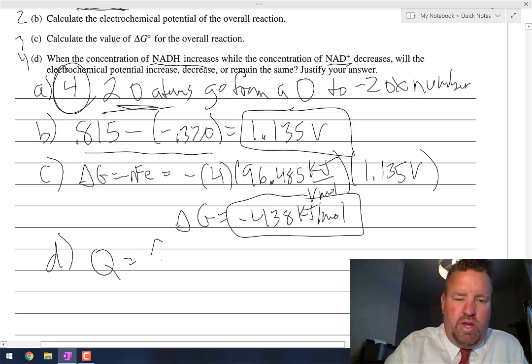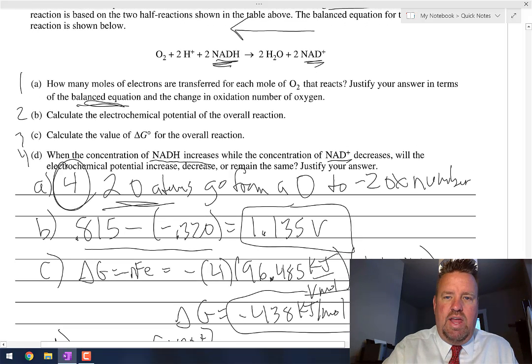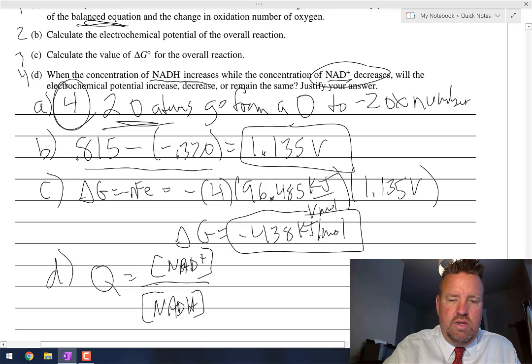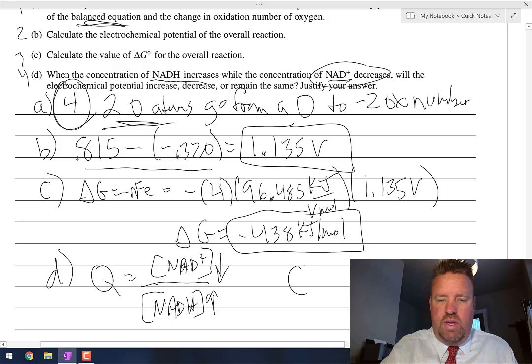So Q would equal the concentration of NAD plus, and then the NADH plus the other reactants would also be on the bottom. But these are the two that we care about. And we said that NAD plus is going to decrease, and NADH is increasing. When that happens, that makes the value of Q decrease, and that's going to make Q less than 1.